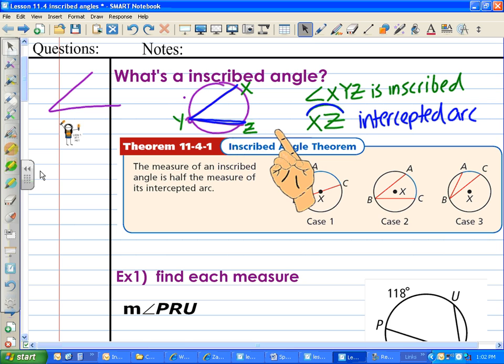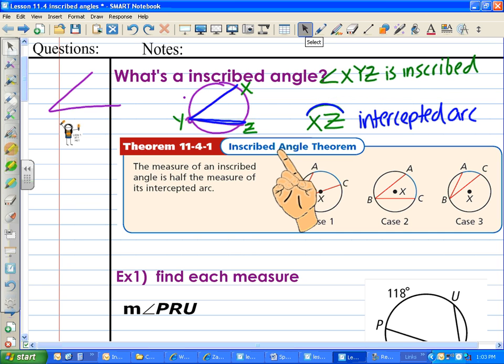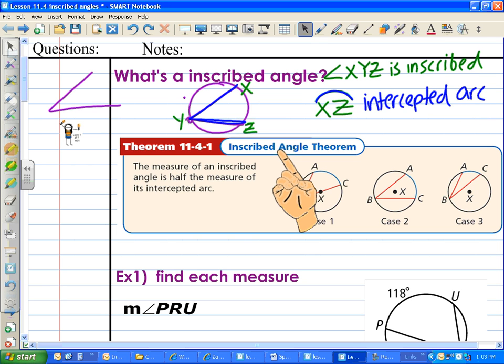And the book does use another word also. They use the word subtends. So we can say that arc XZ subtends angle XYZ.